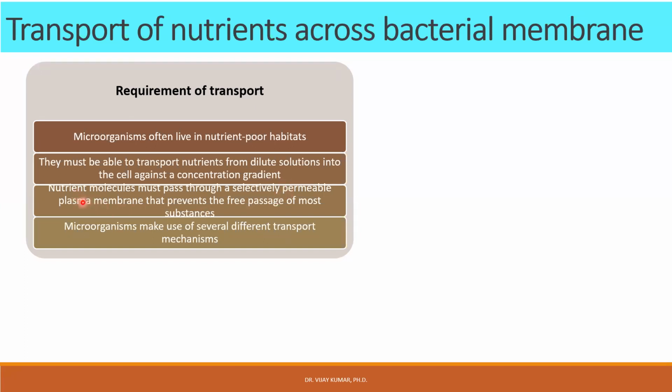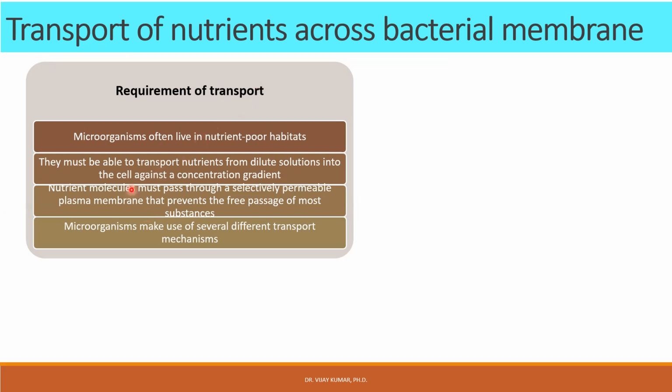Okay, then, as the bacterium is not an open system, it has a cell wall and a cell membrane, and the cell membrane is selectively permeable, semi-permeable, so it will not allow everything to come in or go out. So there must be some transport system across the membrane that will facilitate the movement of nutrients from the outer environment to inside the cell, and at the same time, movement of the metabolic waste generated by the bacteria from inside the cell to outside.